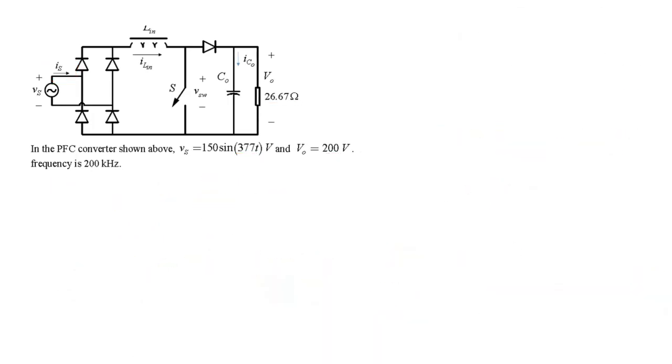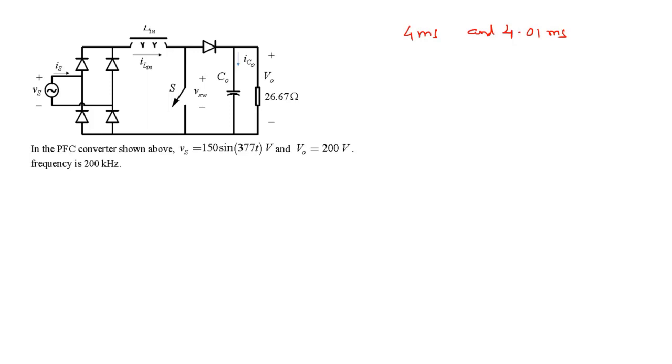So the time over which we want the waveforms is between 4 millisecond and 4.01 millisecond. So I would get the value of d of t, the input current, at exactly the midway point here.